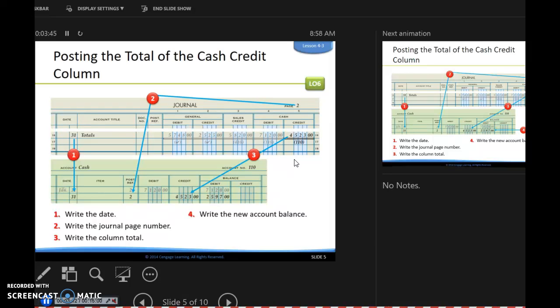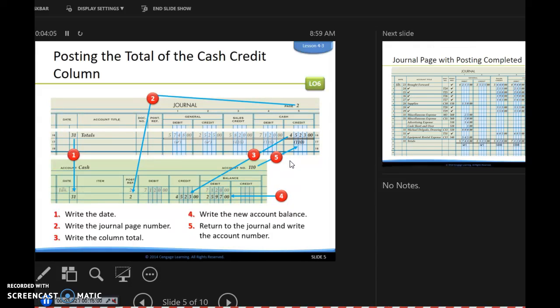Okay, so we started with a debit. We put on a credit, so we have to subtract those 2. So debit is bigger, so it goes in the debit column. New debit balance. Okay, and then back to the journal with our account number 110 under the credit column.